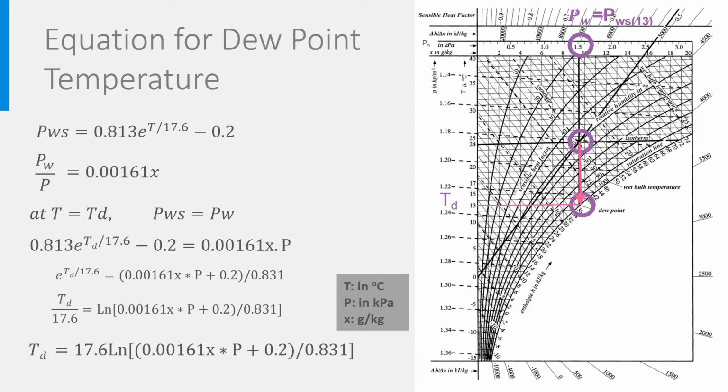Just make a check. If you fill in x is 9.5 and P is 101, you get Td is 17.6 times log of 2.099, which is 17.6 times 0.742, ending up to 13.06. Rounded is this 13 degrees Celsius.